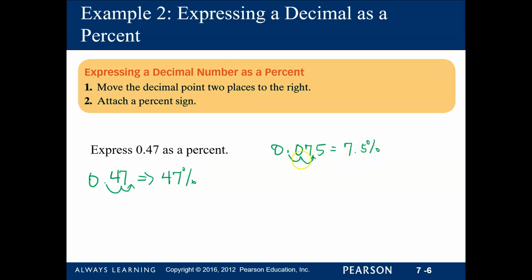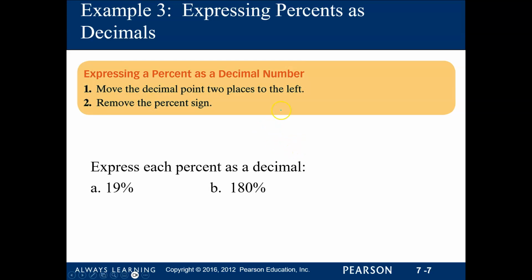All right. So this time, we are going to be changing percent into decimal numbers. So we're just moving the decimal point in the opposite direction. So this time it's going to be to the left. This part is the one that will be commonly used throughout Chapter 7 and Chapter 8 mostly, since we do not work with percents themselves in computations.